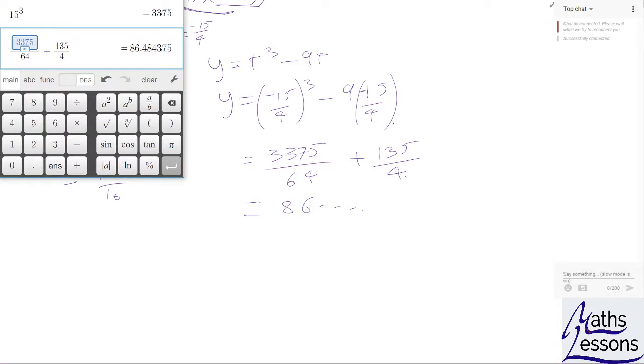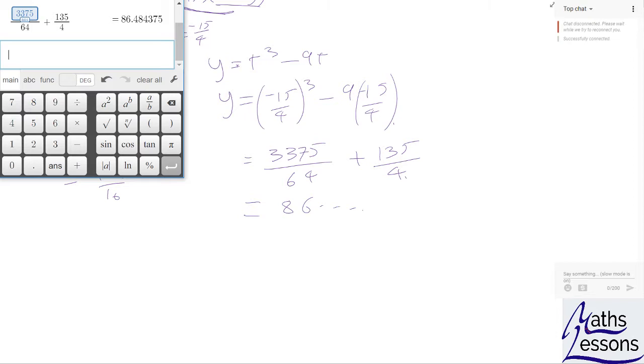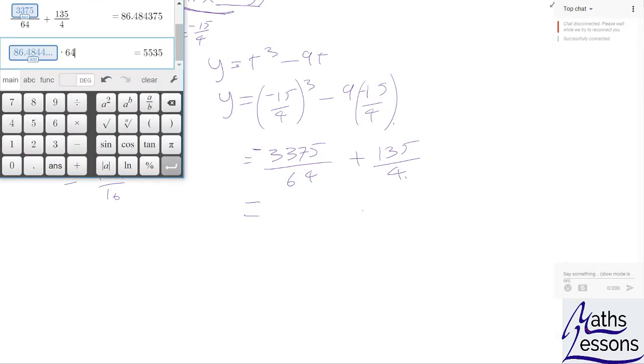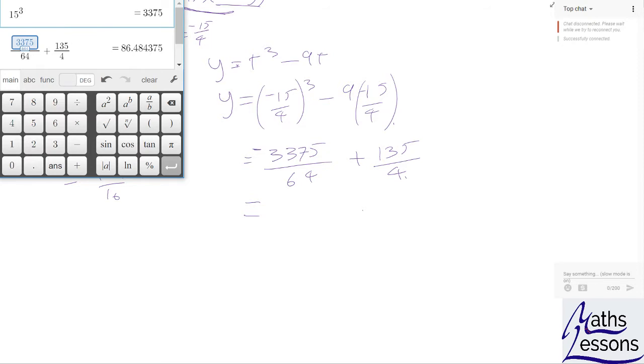And cheekily, an easy way: it's obviously going to be a fraction involving 64. So if I actually times my answer by 64, I get 5535 as my other value. Oh, that was a negative there, wasn't it? So I've made a mistake. That was a negative there, so that won't be that. Fortunately my calculator allows me to go back and rectify all that.